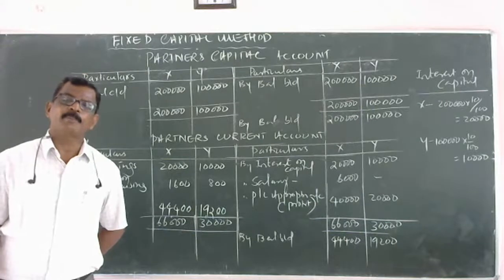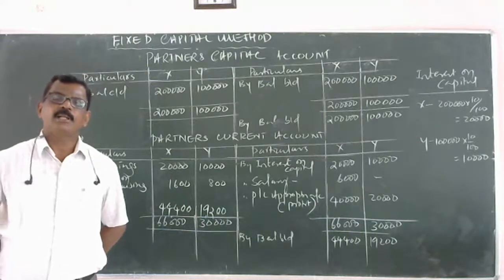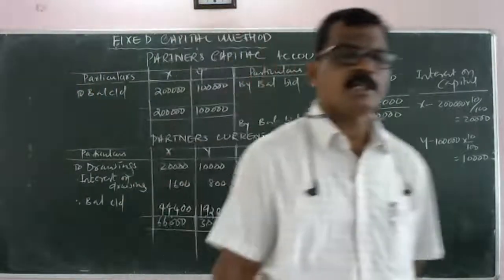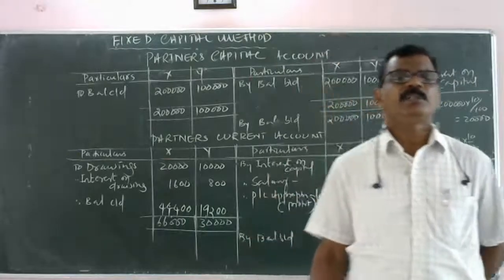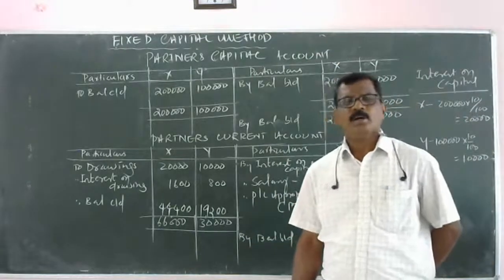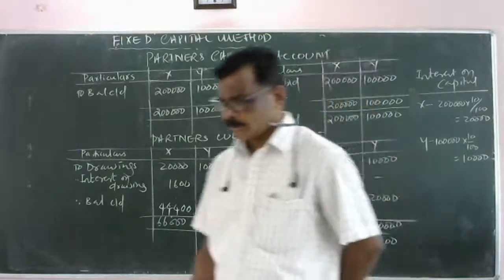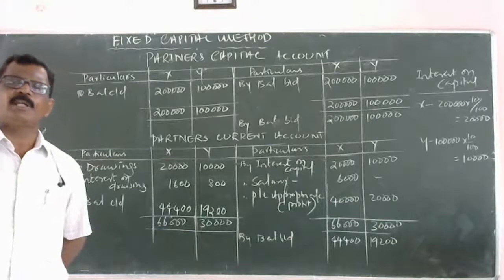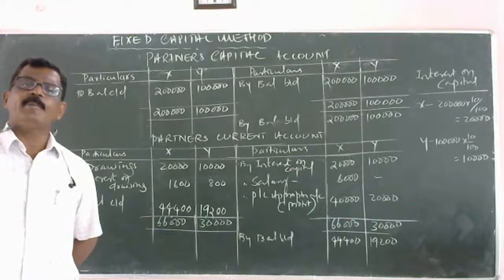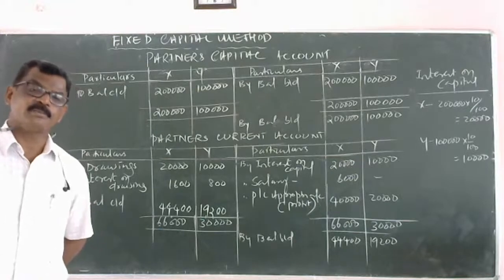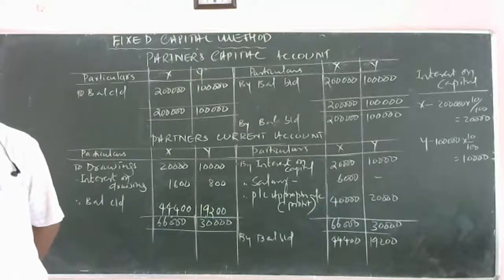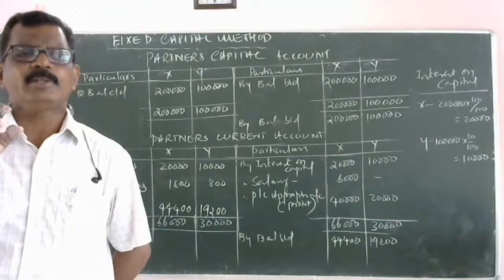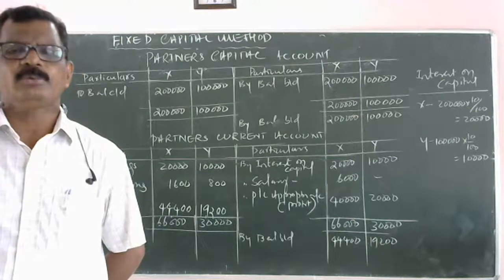Prepare a partners current account under fixed capital system, two partners current account under fixed capital system with imaginary figures. Or prepare any two partners capital account under fluctuating capital method, with imaginary figures. In that case, you have to prepare partners current account with your own figures. Whatever item you take, you have to use your own amount. Figure means amount.